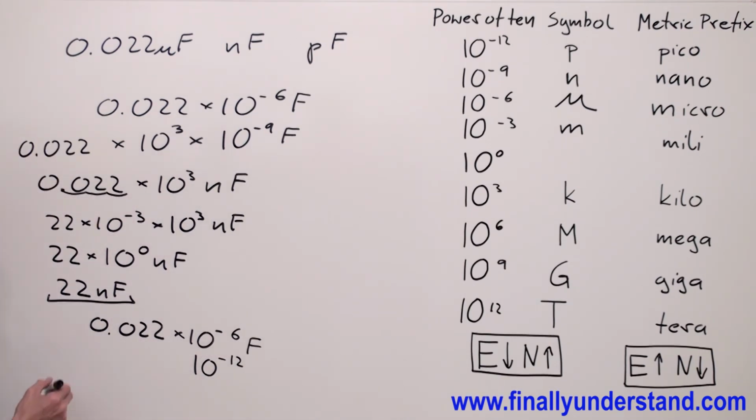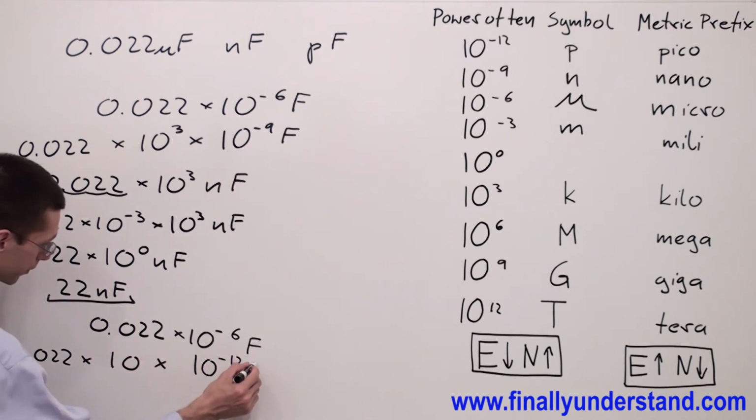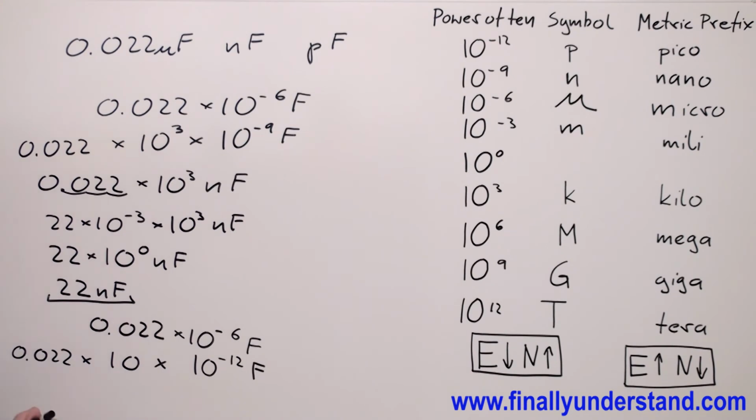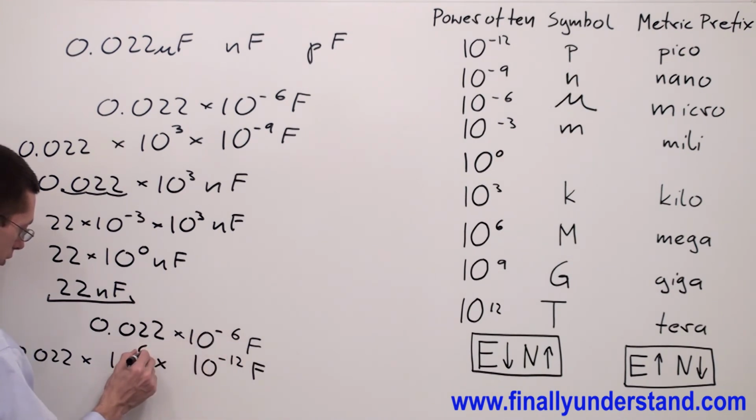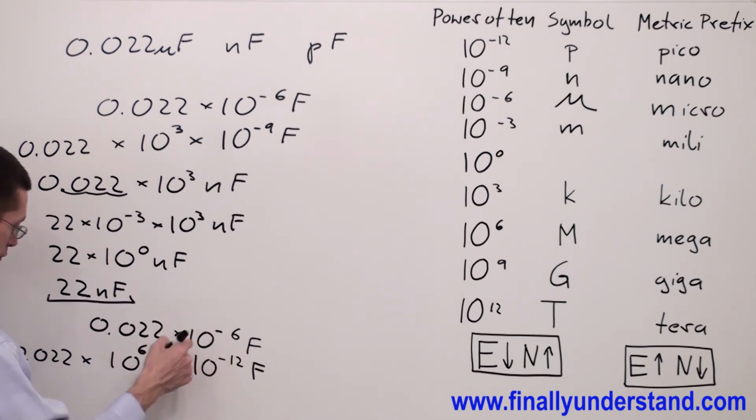So what I'm going to do, again, I'm going to copy down 0.022 times 10 times farads, of course. And ask myself the question, what number added to negative 12 is going to give me negative 6? The answer is 6. 6 plus negative 12 gives me negative 6.